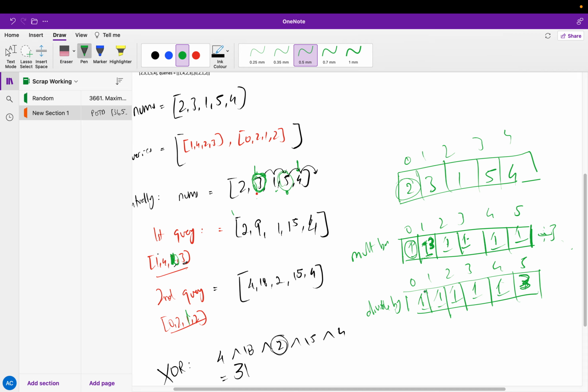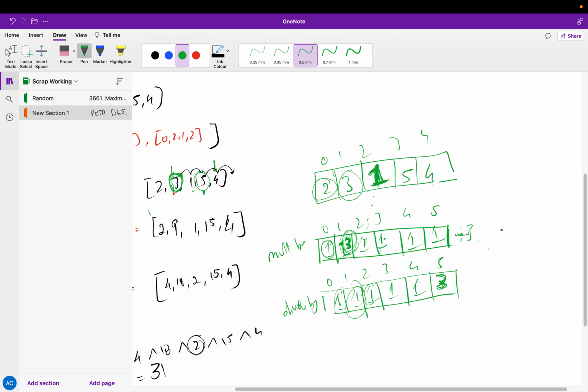Well, I multiply by 1 and then I divide by 1. So I get 2. What should I multiply by from here? I should multiply by 3 and then divide by 1. And here it's like, okay, what should I multiply by? Well, I should multiply by 3 again and divide by 1. The reason why we say 3 is because even though obviously it lines up to the 1, we're taking the cumulative product here.